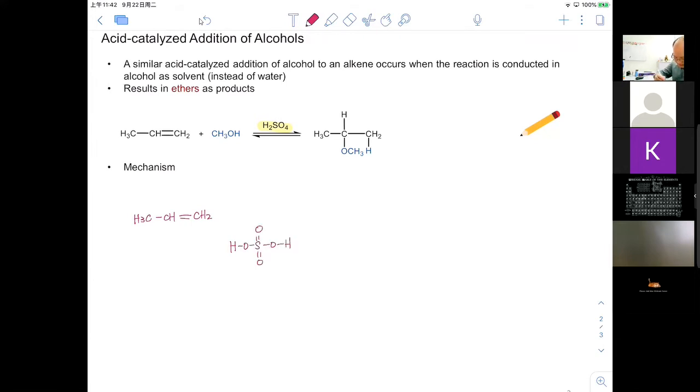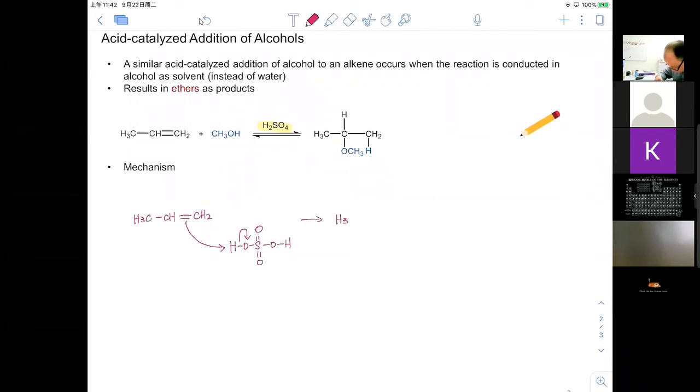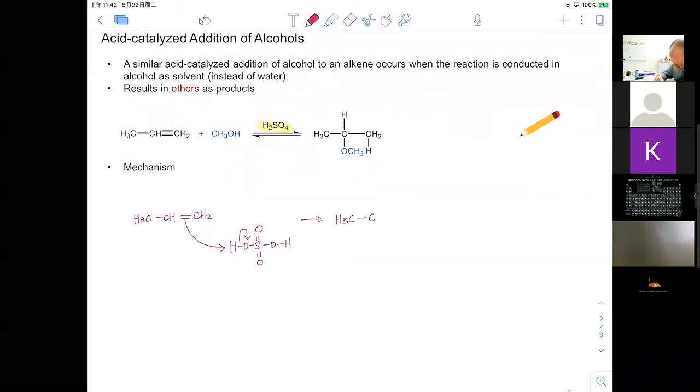The first step is the alkene will attack the proton, and you can draw it like this. So you will generate a carbocation, positive. Now this becomes a CH3 because the proton adds to this carbon.